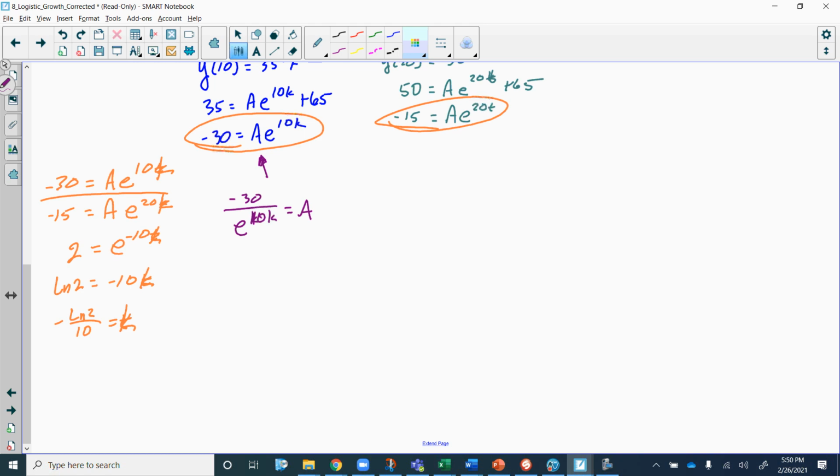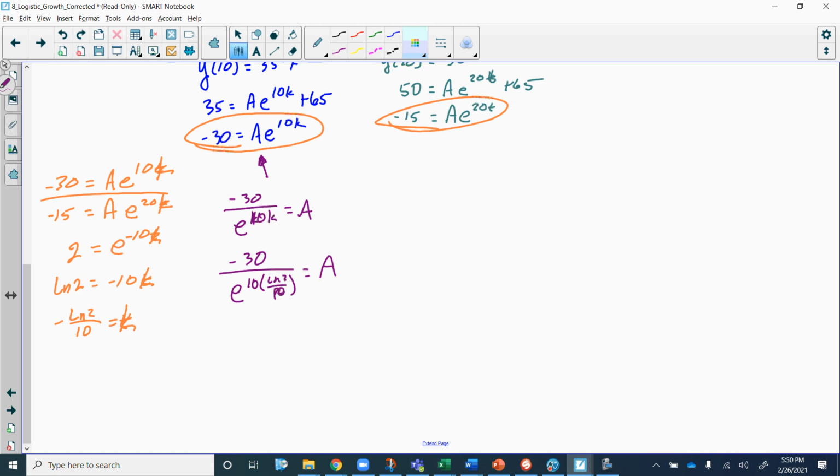It's going to be the negative natural log of 2 over 10. So we're going to say negative 30 over e to the 10 times negative natural log of 2 over 10 equals A. And you can see where this is going to go.